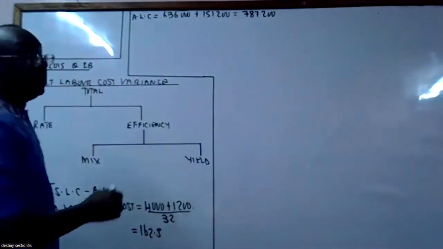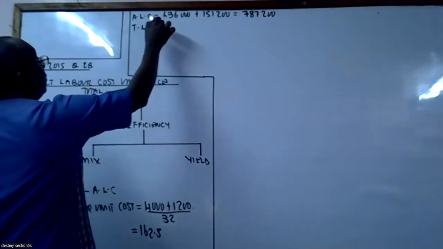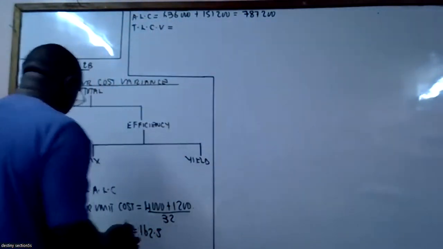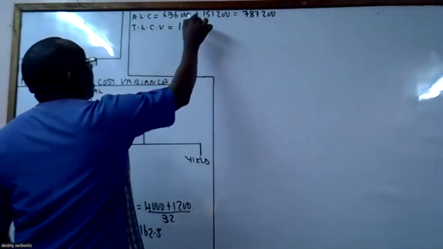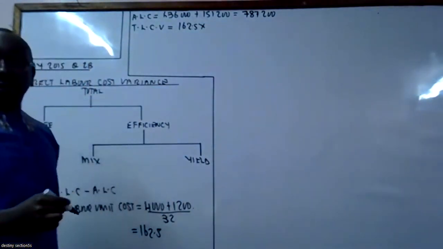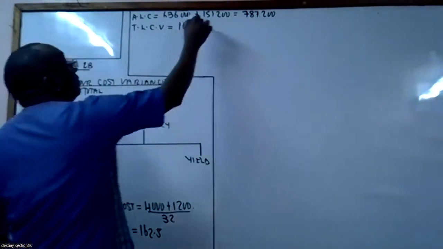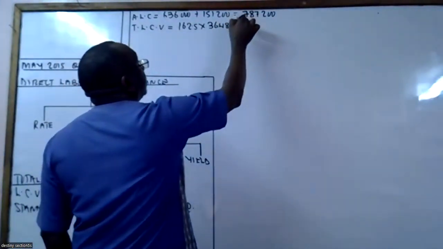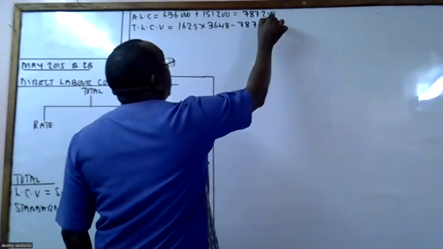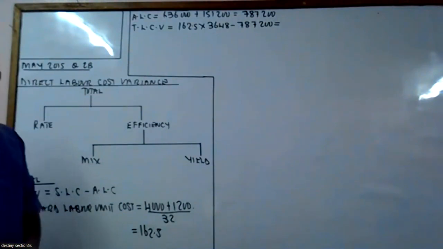So with that now, our total labor cost variance will be the standard. The standard should be given as 162.5 times the actual units that were produced. The actual units are 3648. Then you less 787,200. 162.5 times 3648 minus 787,200.